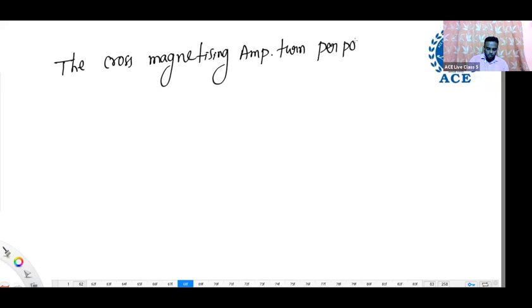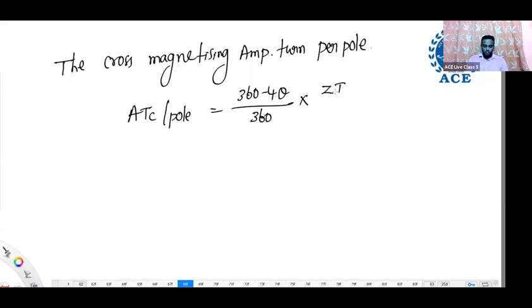How many turns cause cross magnetizing? 4 theta is demagnetizing, so the remaining is 360 minus 4 theta. We indicate this with ATC per pole. Then how to find it? Out of 360 degrees, 4 theta is already demagnetizing. The remaining, 360 minus 4 theta, divided by 360 degrees, into ZIA by 2AP. Clear?